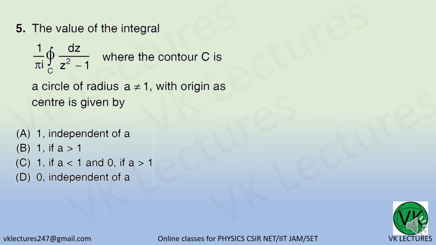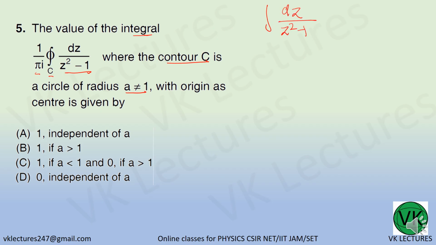The value of the integral 1 by pi i, integral over c of dz divided by z square minus 1, where the contour c is a circle of radius a not equal to 1 with the origin as center. Now let us take this integral dz divided by z square minus 1.